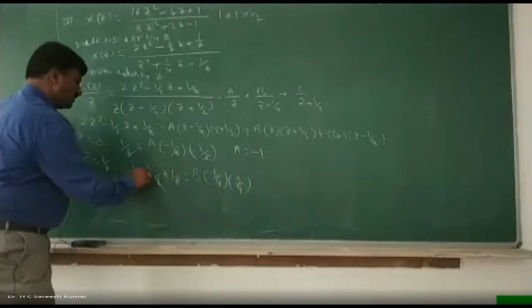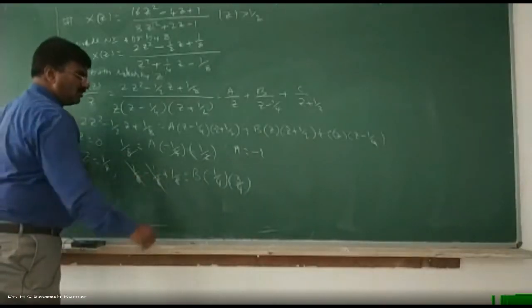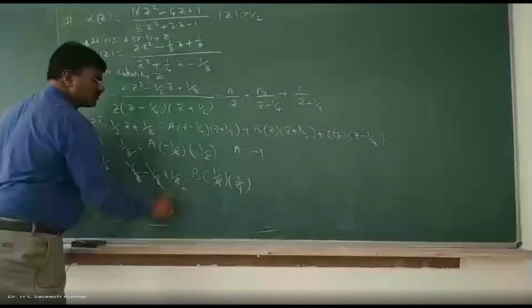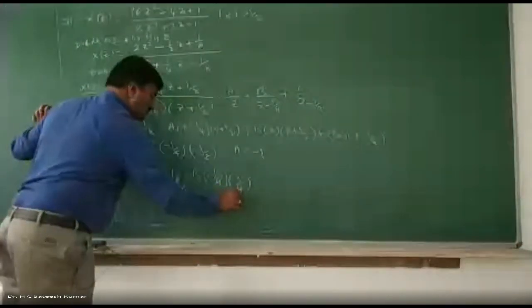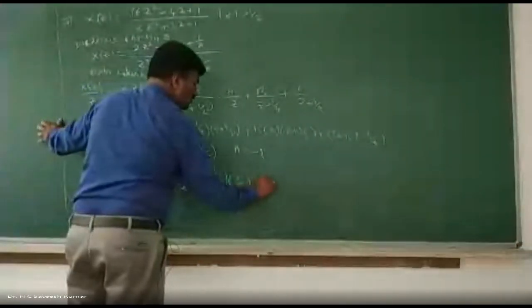This 1 by 8 minus 1 by 8 gets cancelled. Therefore, b is equal to 2 by 3.